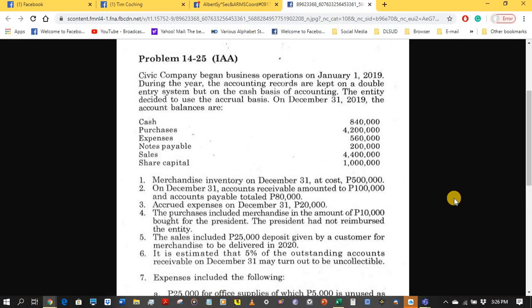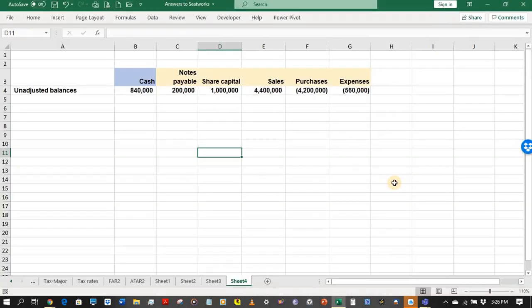So ang first information natin is we have a merchandise inventory on December 31 at cost of 500,000 pesos. So since kailangan daw meron tayong ending inventory, ibig sabihin at the end of the year, we have an inventory on hand. So unsold yun.